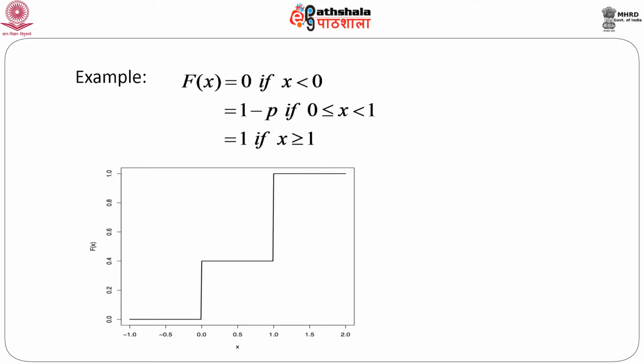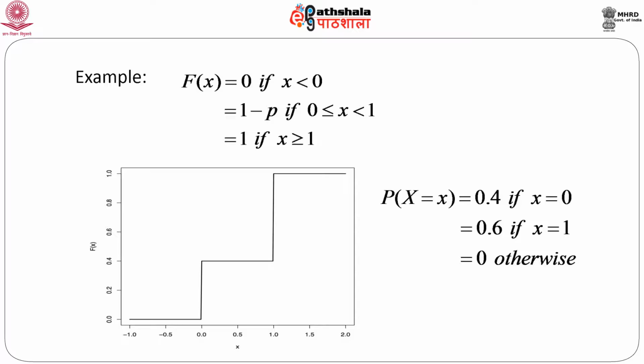So this is the graph of this distribution function, and if you check the properties of the distribution function, you will see that all four properties are satisfied by F(x). From this function we can immediately see that at x equals 0 there is a jump, and this value is 0.4, and at x equals 1 it takes the remaining amount.